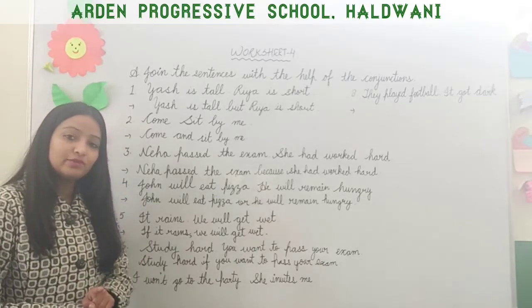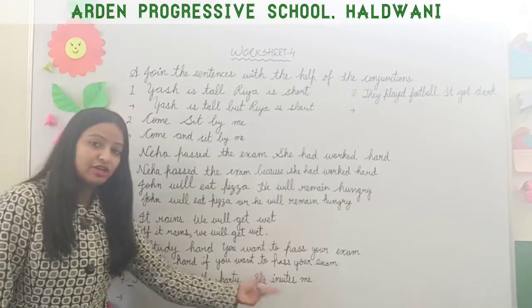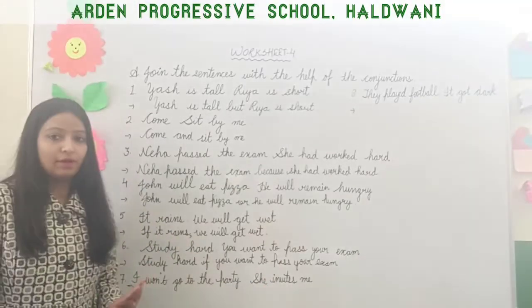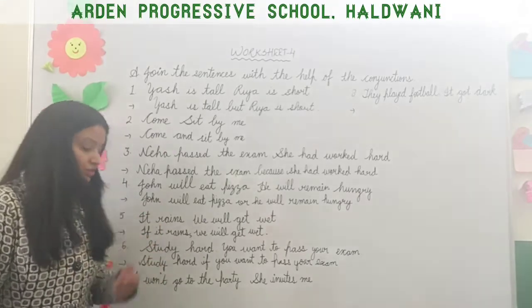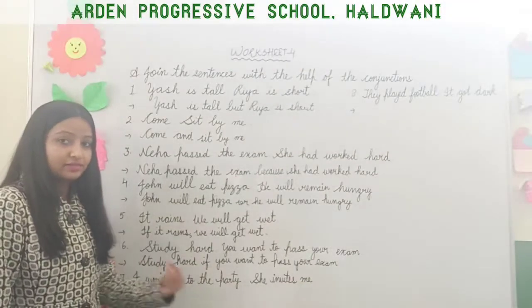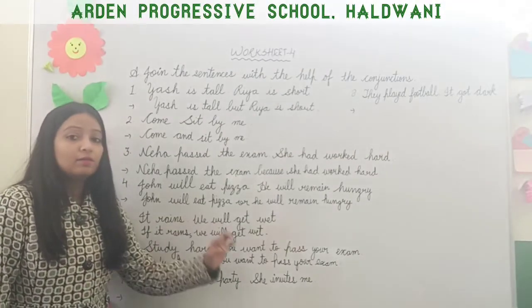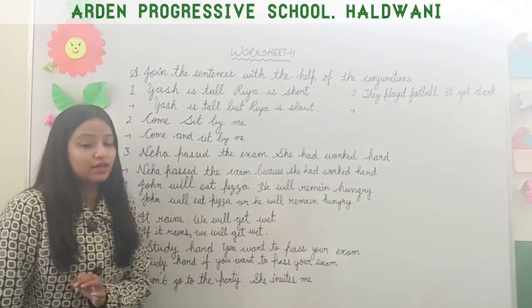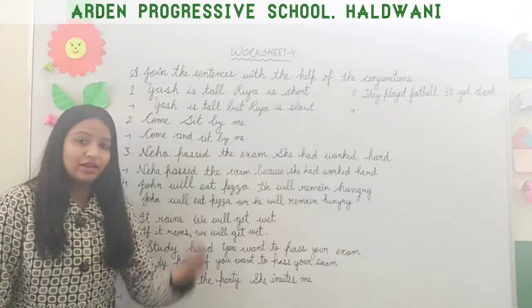What is that exception? That is she invites me. It means if she invites, I will go to the party, and if she doesn't, then I'll not go. This is the meaning. एक exception भी है. That is she invites me. अगर वो invite करती है.